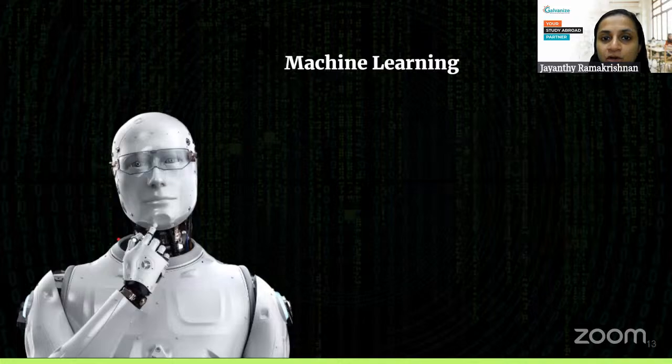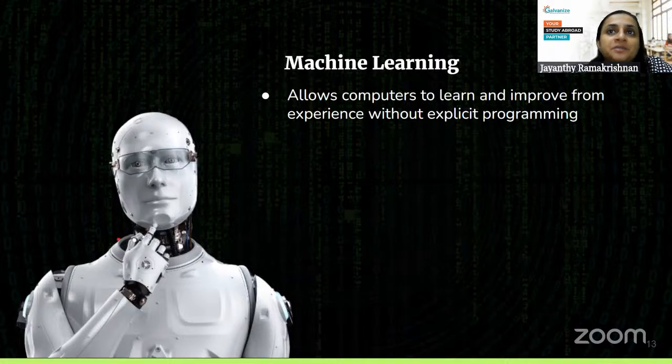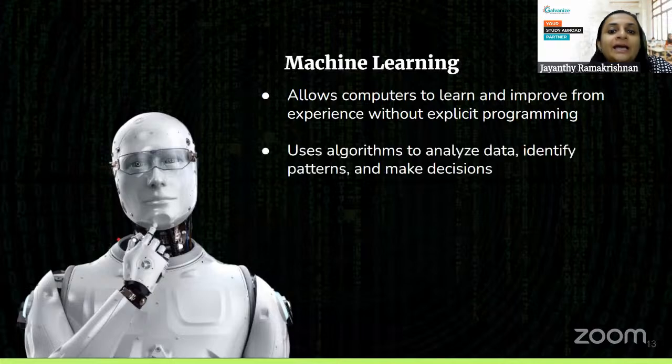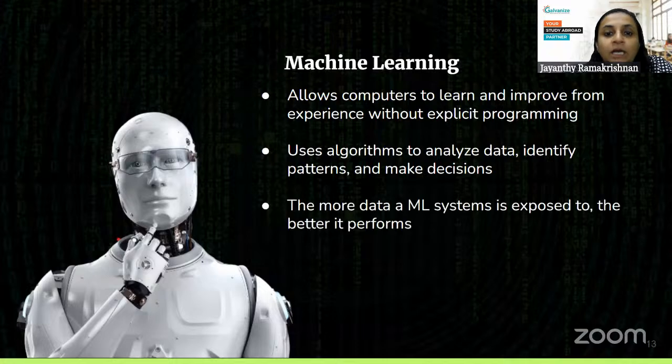Okay. Now let's talk about machine learning. Machine learning allows computers to learn and improve from experience without explicit programming. It uses algorithms to analyze the data, identify patterns, and make decisions, thereby improving the process on the whole. Now, the more data you feed to a machine learning system, the better it performs.